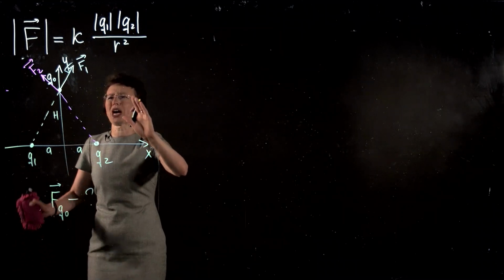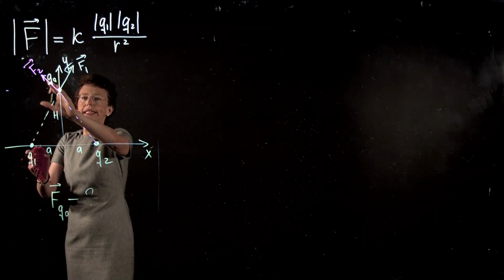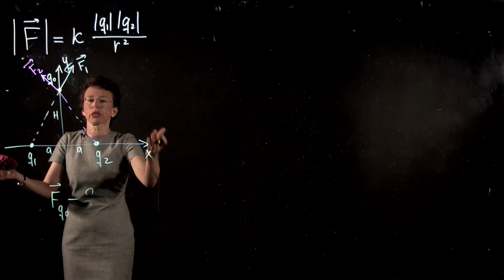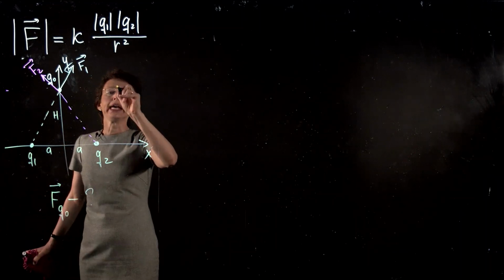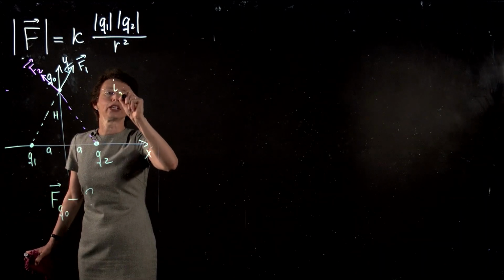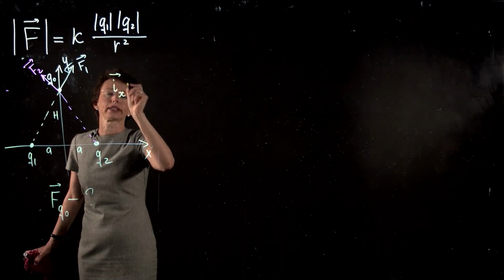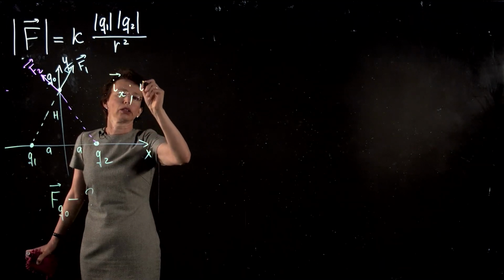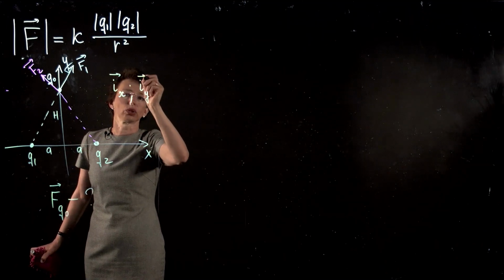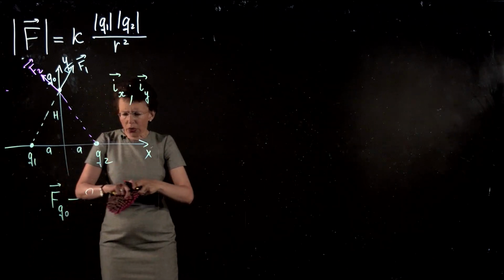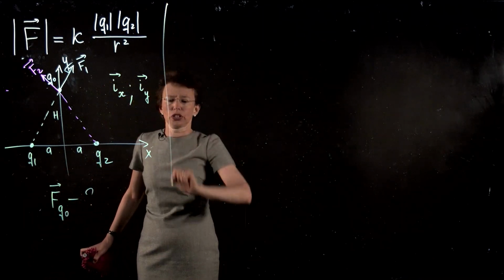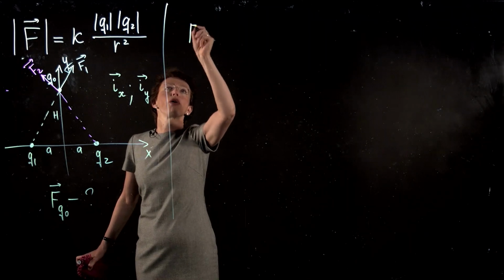So what we need to do now, we need to express F1 and F2 in terms of components, because we need to add them as vectors. And I will use these notations. Unit vector along x, I will call it Ix, and unit vector along y, I call it Iy. So we know that any vector can be written in terms of components.